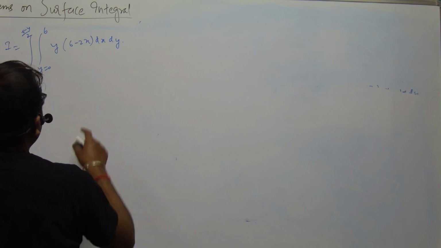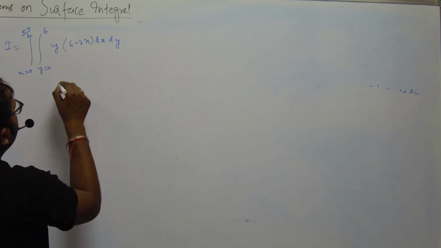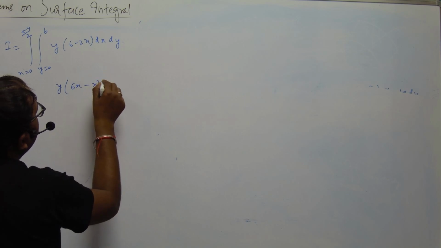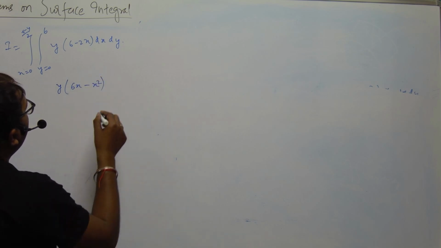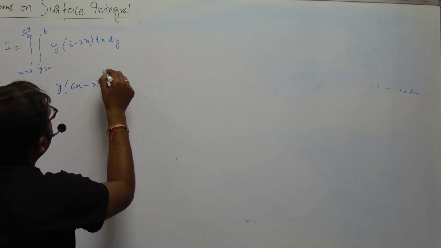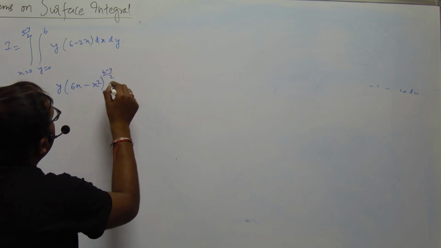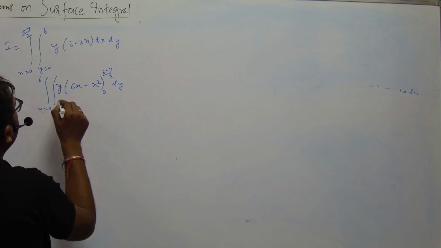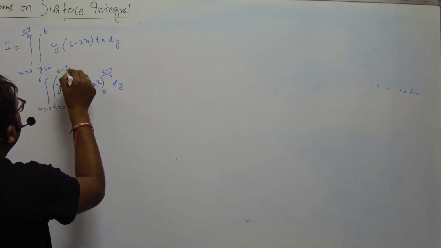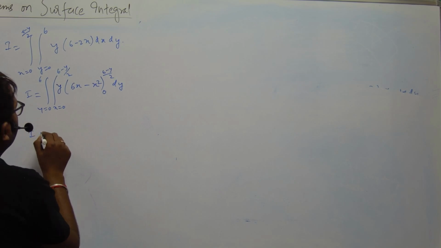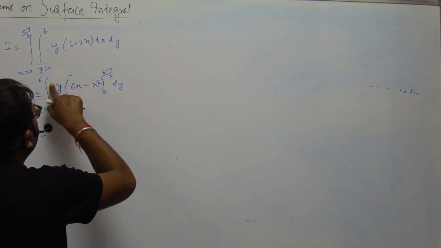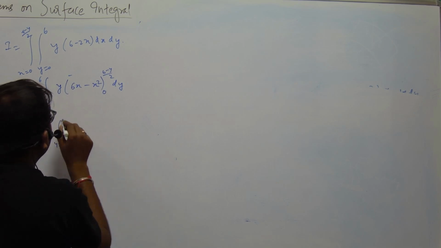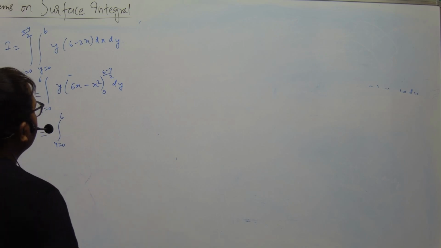Let us solve with respect to x first. This is equal to y times (6x minus 2x square by 2), with x limit from 0 to (6 minus y) upon 2, and y from 0 to 6. Sorry, we have already placed the limits.